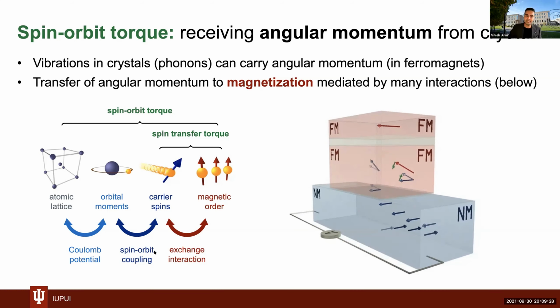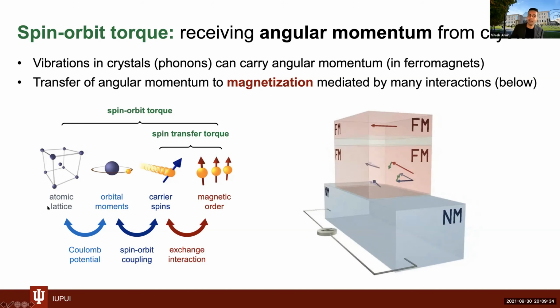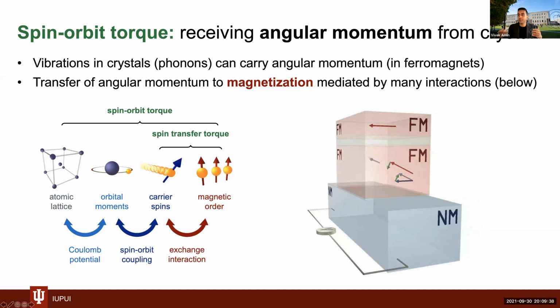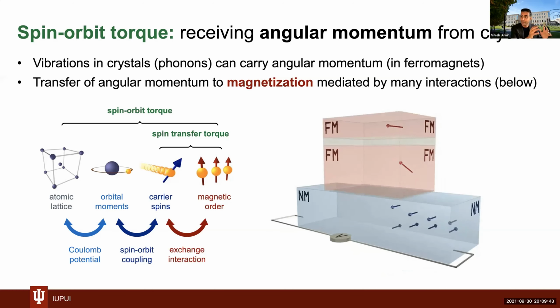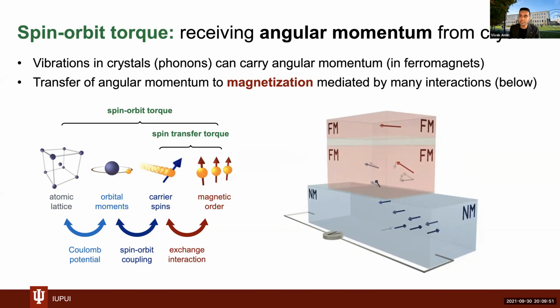The carrier spins are now coupled to the orbital moments via spin-orbit coupling, and the orbital moments are coupled to the atomic lattice via the Coulomb potential. Through this extended interaction, you can actually steal angular momentum from the atomic lattice itself, through the vibration of the crystal, and deliver it to the magnetic order using the carrier electrons as a mediator.